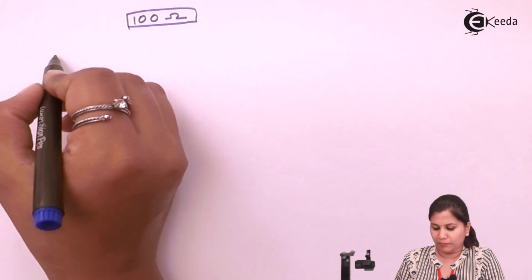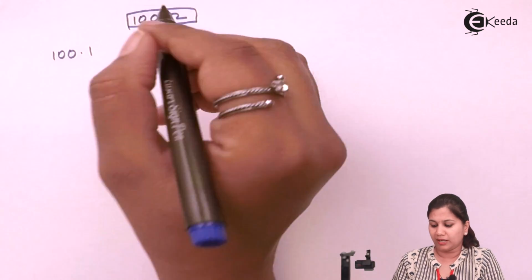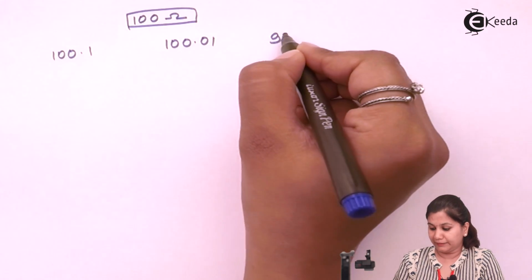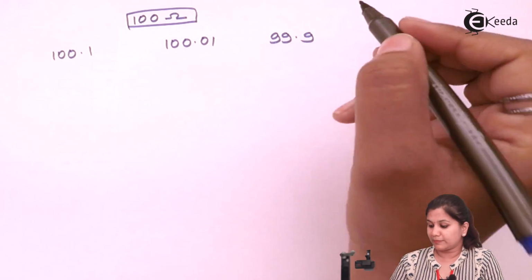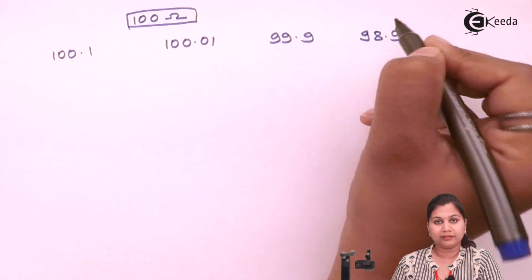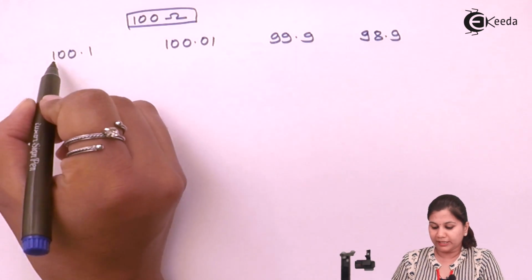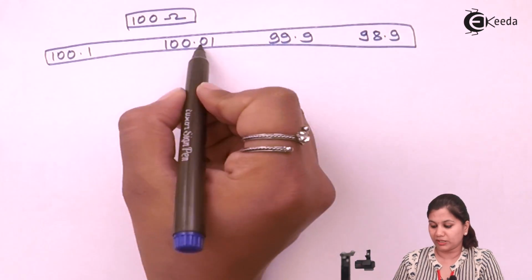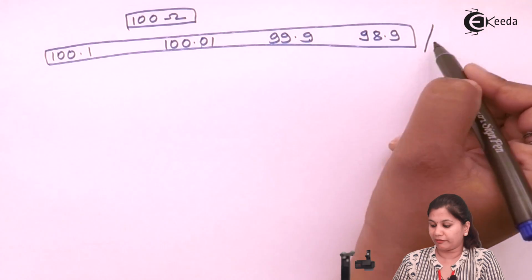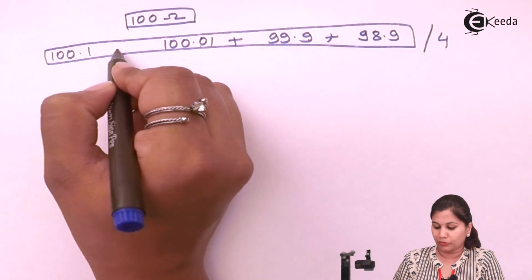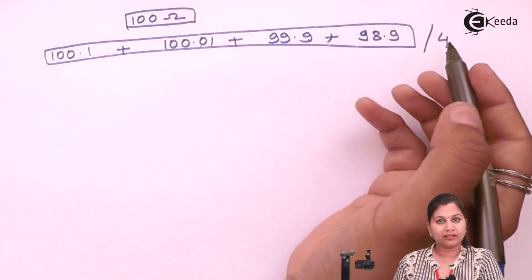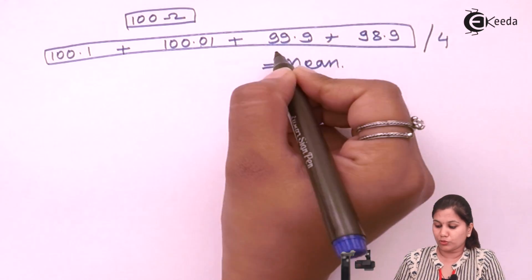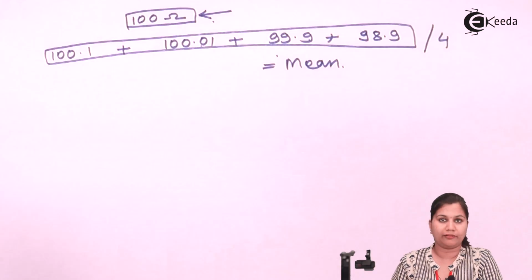One observer measures 100.1, another measures 100.01, another measures 99.9, and someone measures 98.9. If we take the sum of all these readings and divide by 4, because we have taken 4 observers, we will get the arithmetic mean, and that mean is going to be very close to the true value, that is 100 ohm.